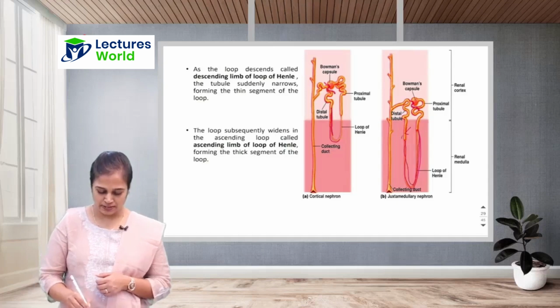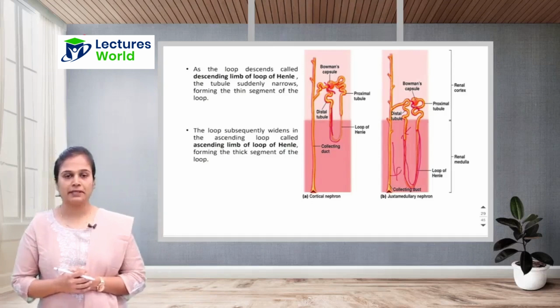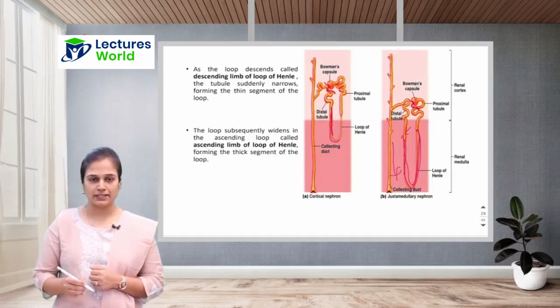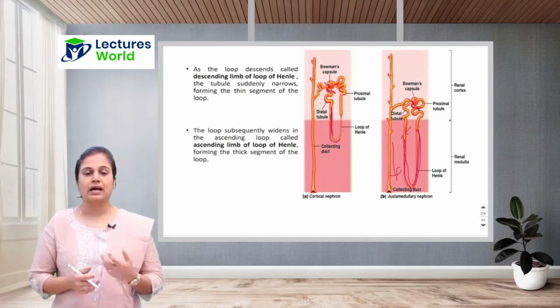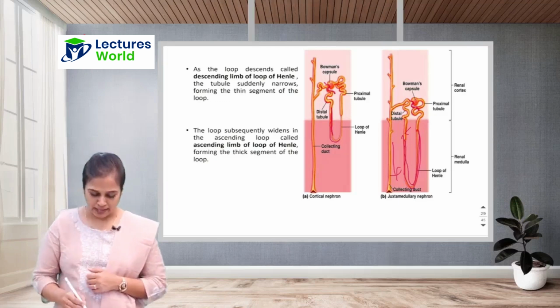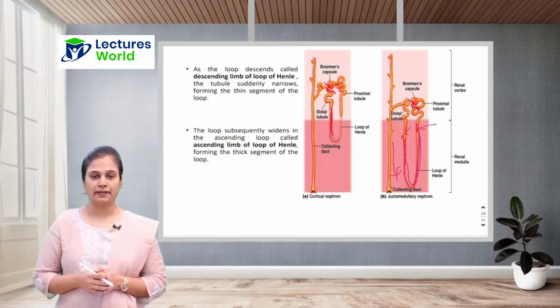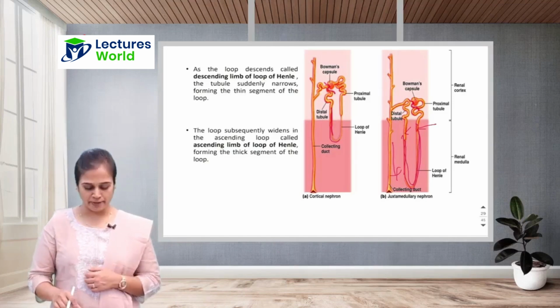So this is the descending loop of Henle, and the loop subsequently widens into the ascending limb of the loop of Henle, which is the thick segment of the loop.